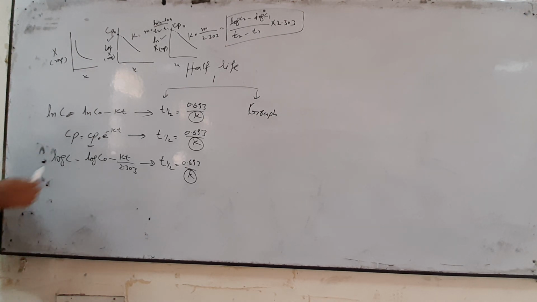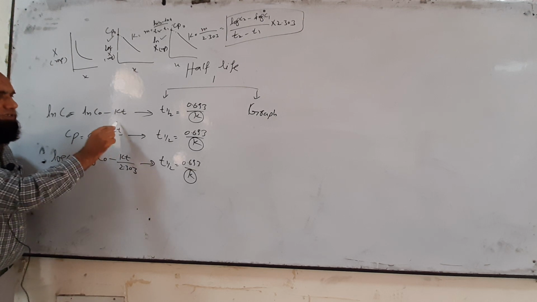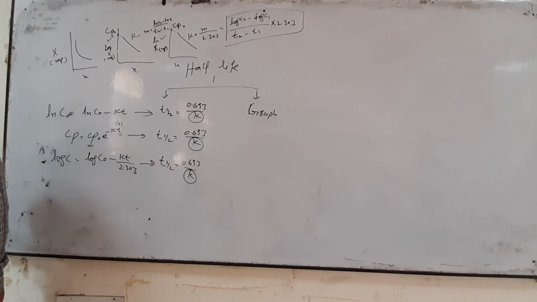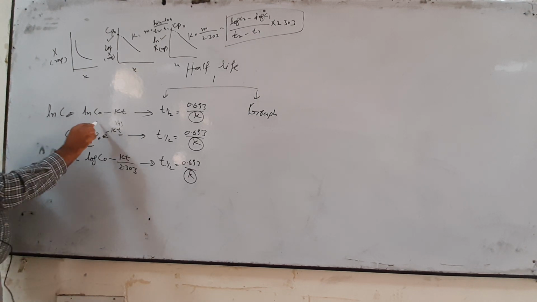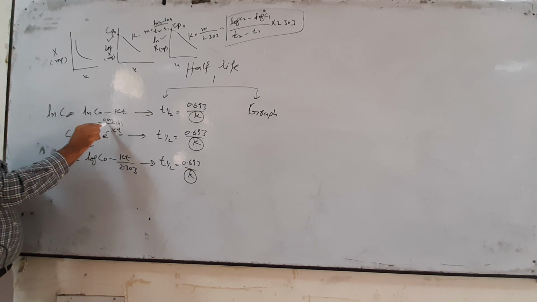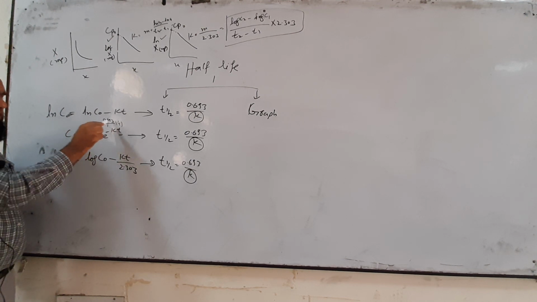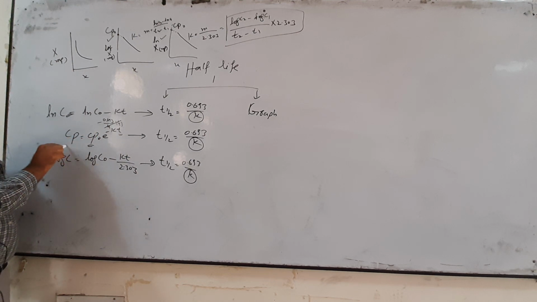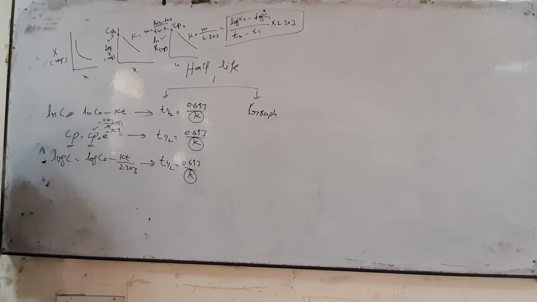For example, we want to know the concentration of drug at 4 hours, and the half-life of the drug is also 4 hours. Then we will write minus 0.693 over T half, means 4, 4 cancel.